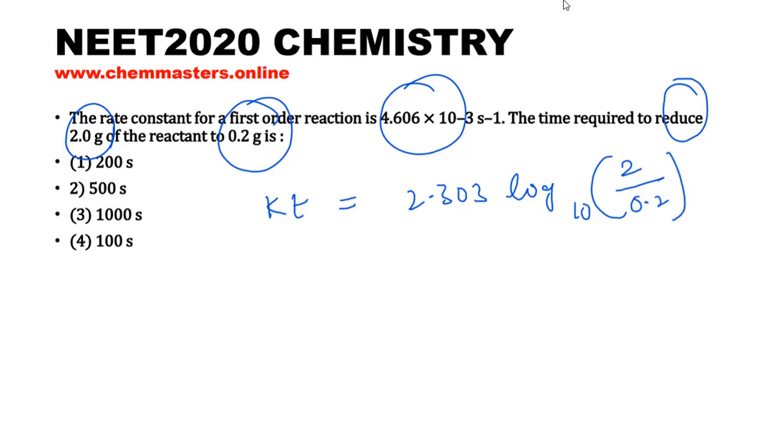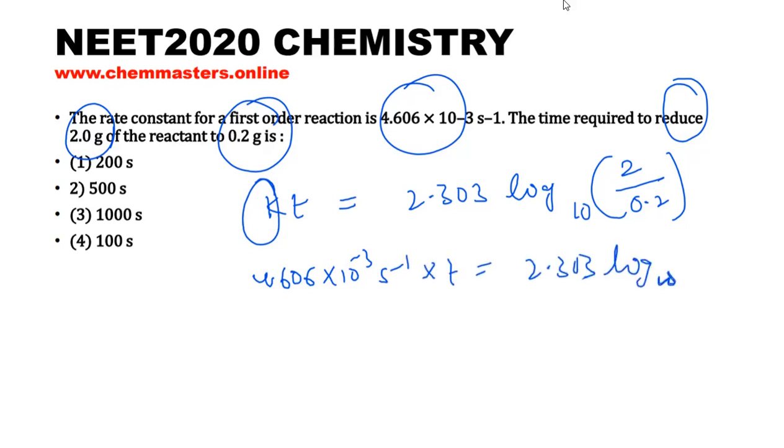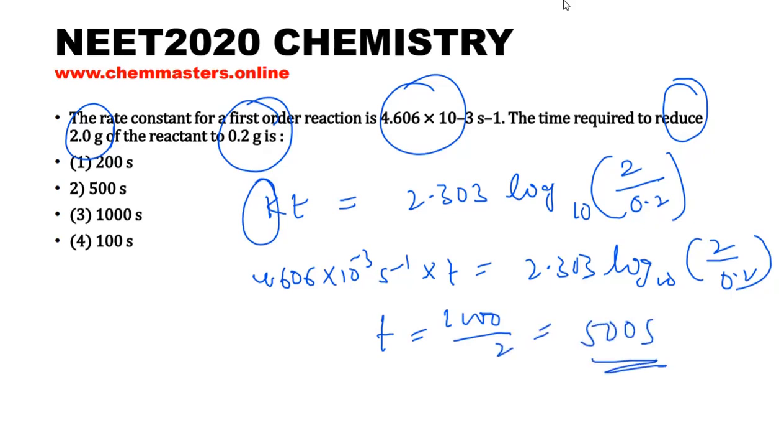Substituting the given k value, 4.606 into 10 power minus 3 per second into t equals 2.303 log10 of 2 by 0.2. Do the remaining mathematical steps and you will get t equals 1000 by 2, that equals 500 seconds. So the second option is the correct answer.